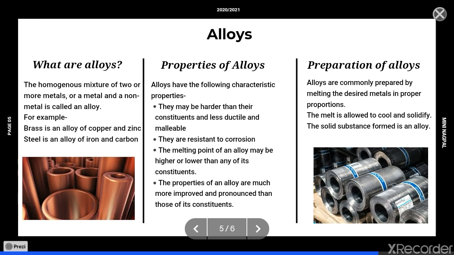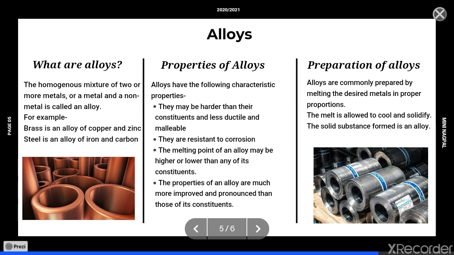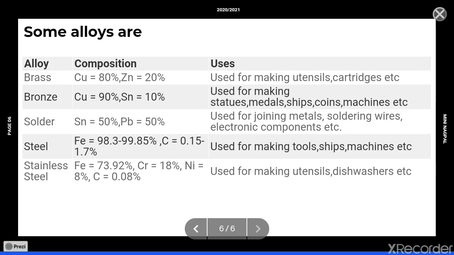Now we will study some of the alloys that are in our syllabus. As you can see in this table, we have brass, whose composition is copper 80%, zinc 20%, and it is used for making utensils, cartridges, etc. You don't have to memorize the percentage, only the components.